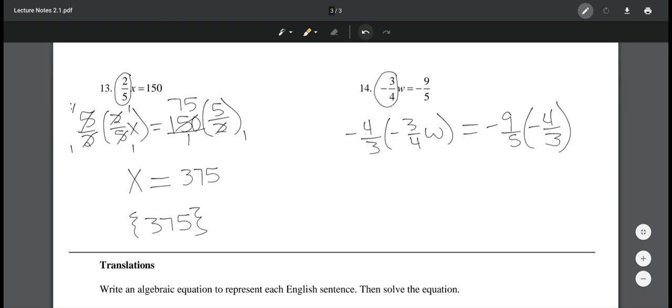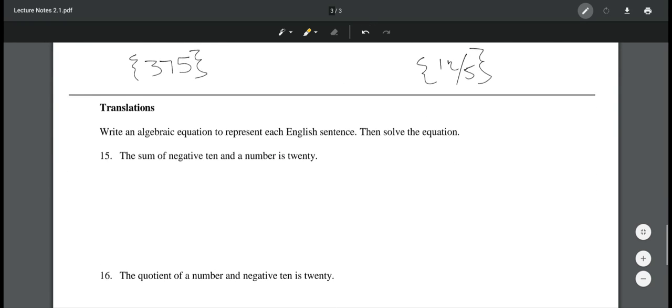So negative times negative is positive. The 4's cancel, the 3's cancel. A negative times a negative on the right-hand side is a positive. 3 goes into 9 3 times. So that would be 12/5. So 12/5 is my answer for number 14. So those are 4 different examples of how you can use the multiplication property for equations.